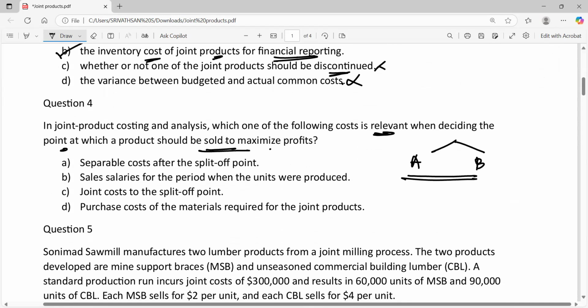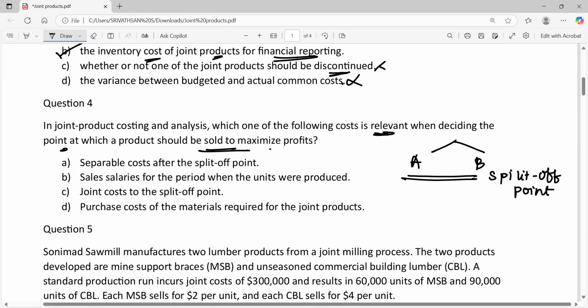Now, at this point, both product A and product B can be separated, right? So we call this point the split off point. The split off point is the point where the joint products can be separated. Now, both product A and B are separated from the common process.